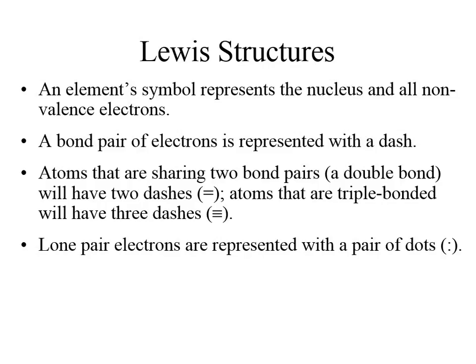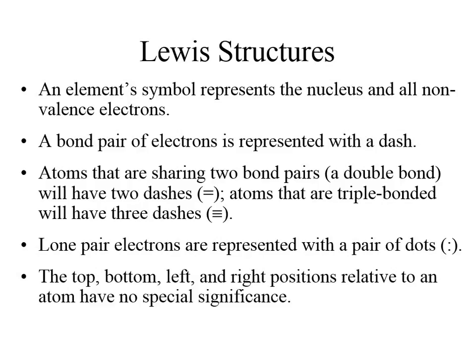Lone pair, dots. What else we got? And then that last item up there, remember we talked about when you have the electron dot structures for the elements, there's no uniqueness about north, south, east, west, top, bottom, left, right.